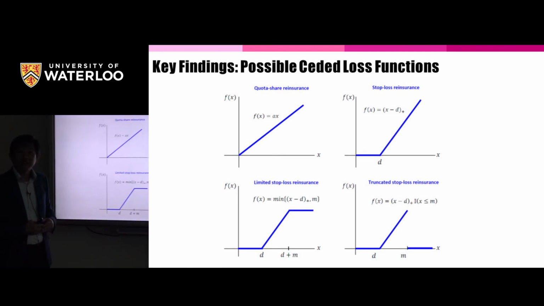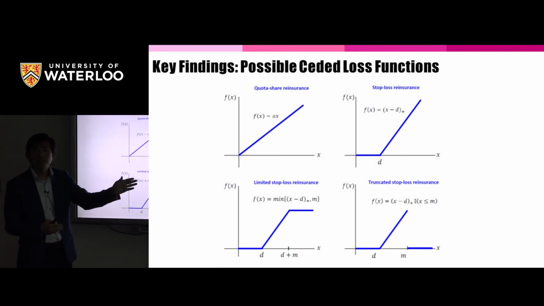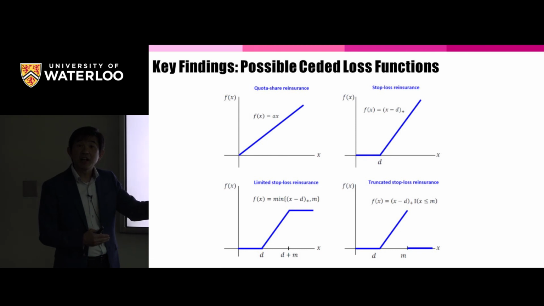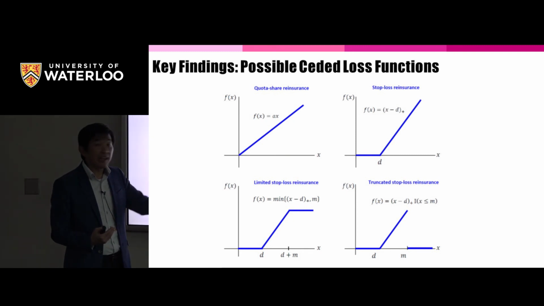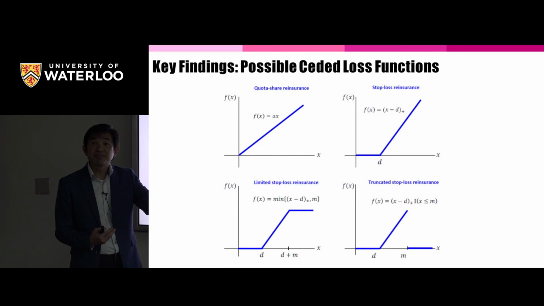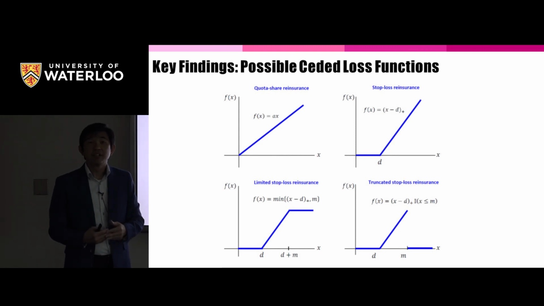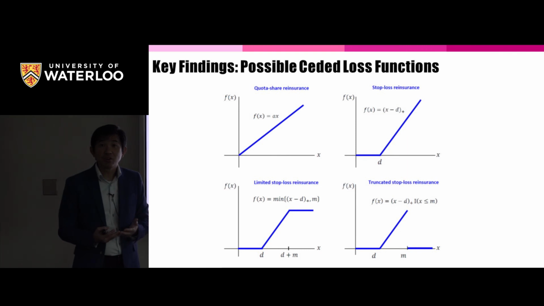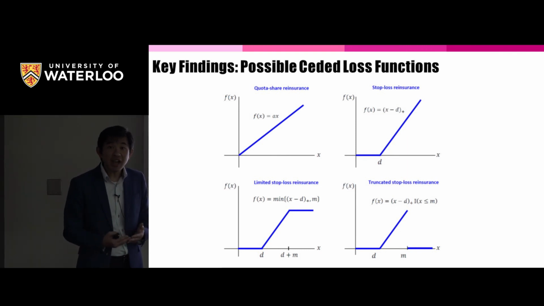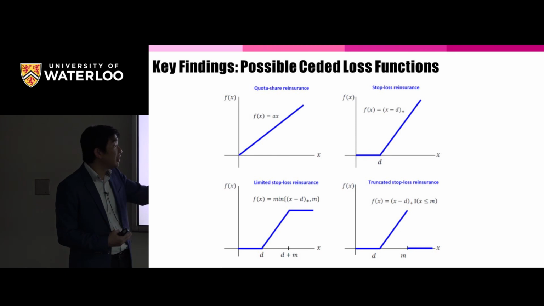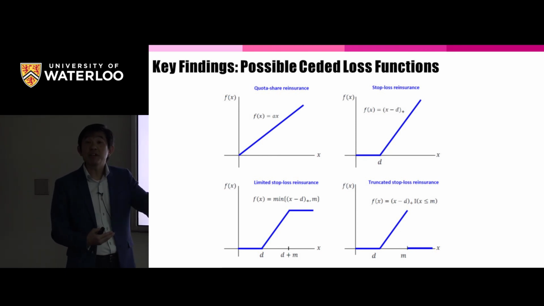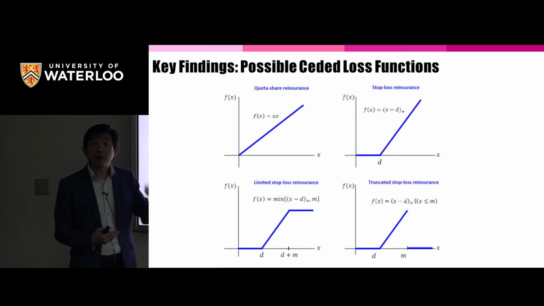Under this reinsurance cover, if the loss is slightly smaller than M, then there is an indemnity from the reinsurance company. If the incurred loss is slightly larger than M, the indemnity payment immediately drops to 0. So this peculiar feature will encourage moral hazard in the sense that it will encourage the insurance company to underreport risk, knowing that if the reported risk is slightly less than M, there will be an indemnity payment. But if the reported loss is higher than M, there will be 0 indemnity payment.